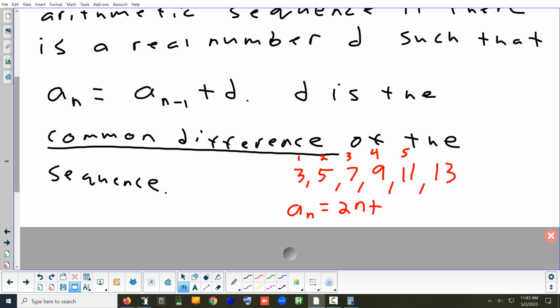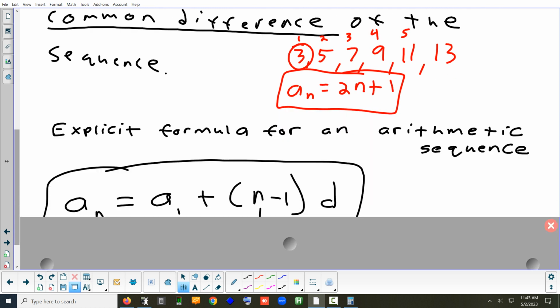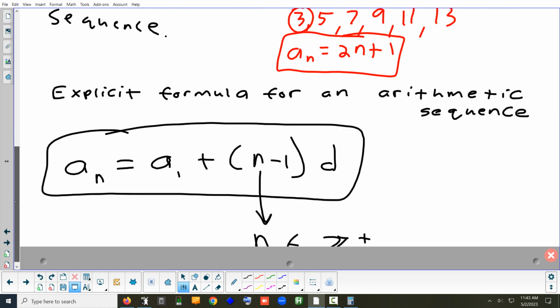And let's just double it and add 1. So is there a way that we could figure this out if you couldn't just look at it and do it in your head? And the answer is yes. It's going to depend on the first number that you see and the amount you add each time, which is the common difference. And here is the formula to do it.